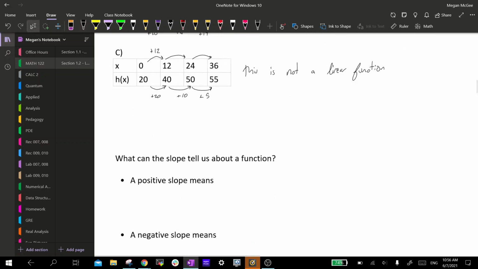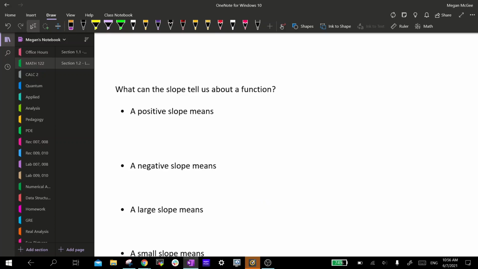Alright, so what can the slope tell us about a function? The slope can actually tell us a lot of things. Okay, so a positive slope means that the function is increasing. Alright, so a little graph here, x and y.